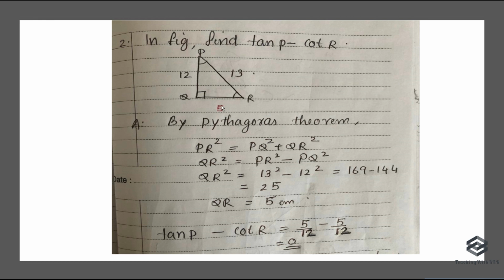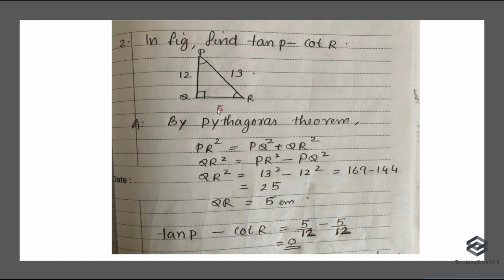So we should find out the missing side using Pythagoras theorem. Here hypotenuse is PR. Why? Because hypotenuse is always opposite to right angle. Here Q is the right angle or 90 degree. Opposite to Q is PR. Therefore PR is the hypotenuse.